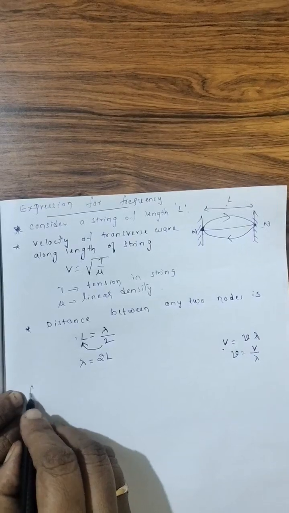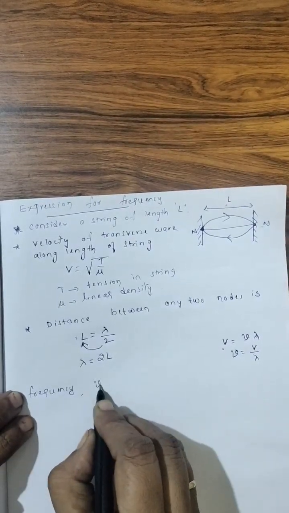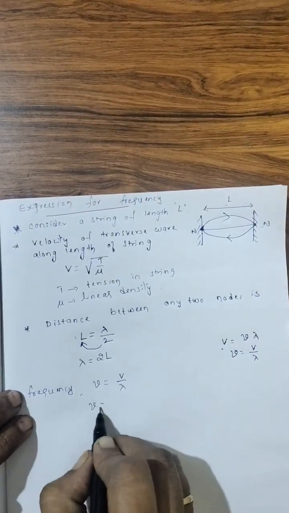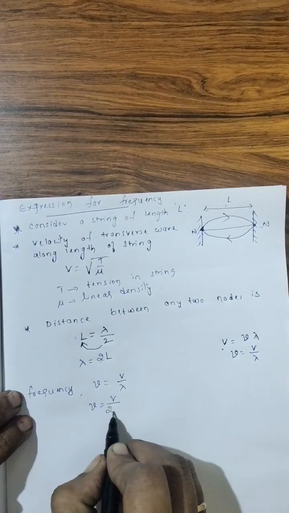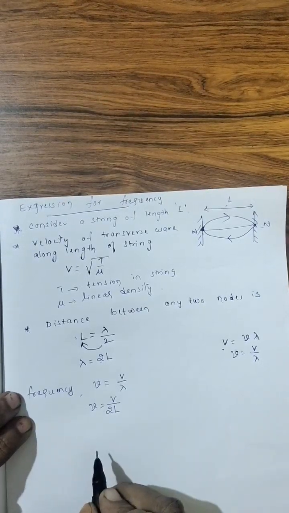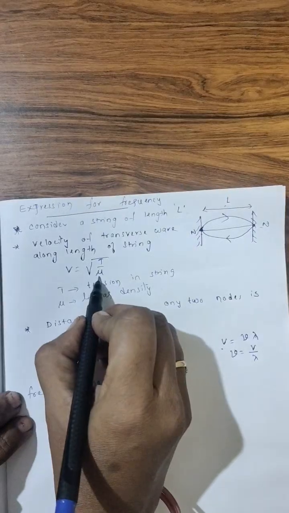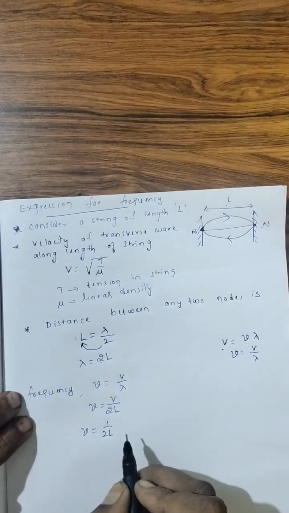So now the frequency nu equal to what we will write? v by lambda. What is the value of lambda here? We got nu equal to v by 2L. And what is v? Under root T by mu. First you write 1 by 2L.